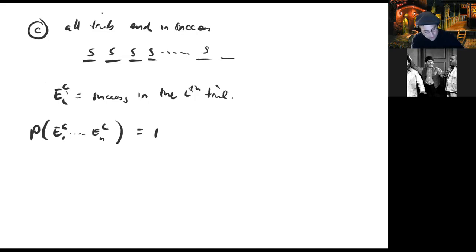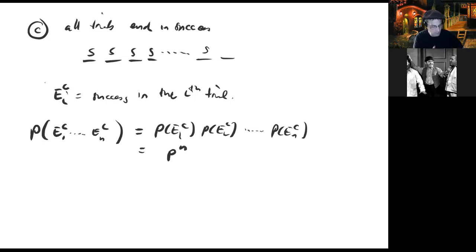So there's going to be P of E1 complement times P of E2 complement and so on, up to P of E sub n complement. And now each probability of success is P, so there's going to be P to the n. Now we want n to go to infinity. So we're going to get the limit of P to the n.